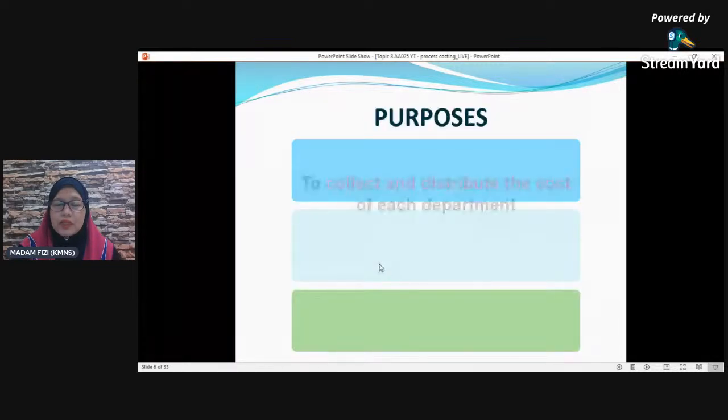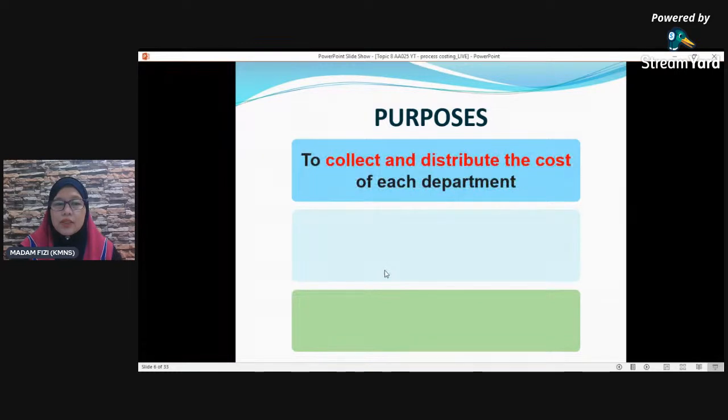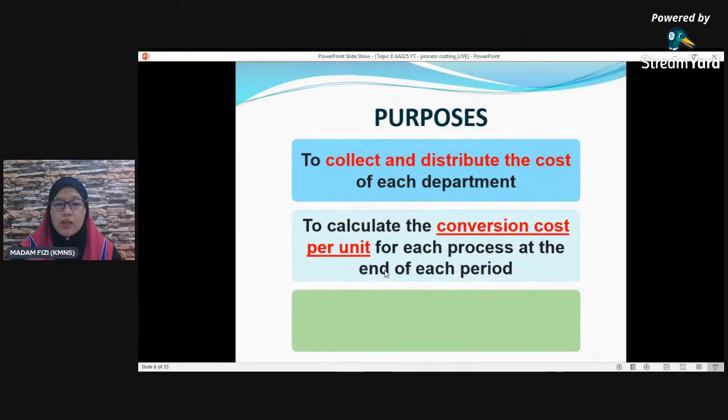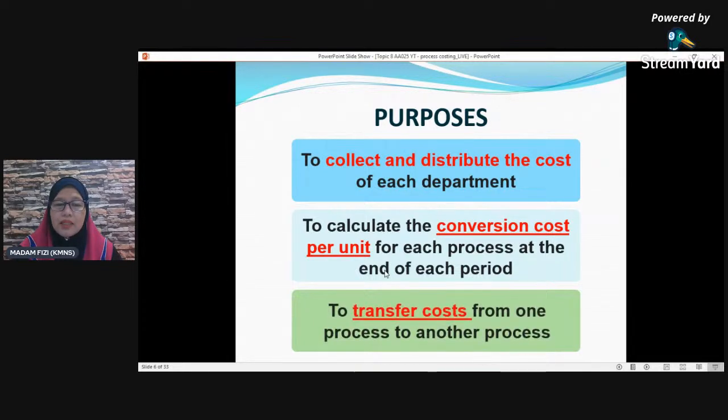Okay, so the purpose is to collect and distribute the cost to each department, to calculate the conversion cost per unit for each process at the end of each period, and to transfer cost from one process to another process.